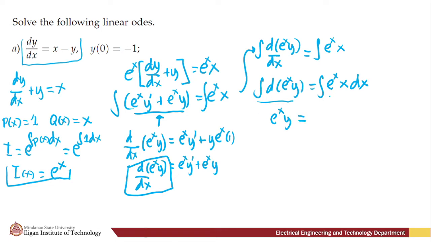So for the integral of e raised to x times x dx, we're going to use integration by parts. So we let u equal x and v prime equal e raised to x. So we have du, which is dx, and v, we have e raised to x. So using integration by parts, we have u v minus the integral of v u prime.